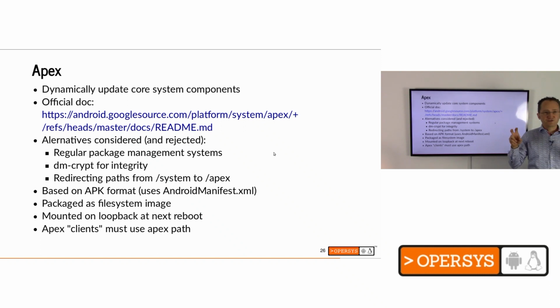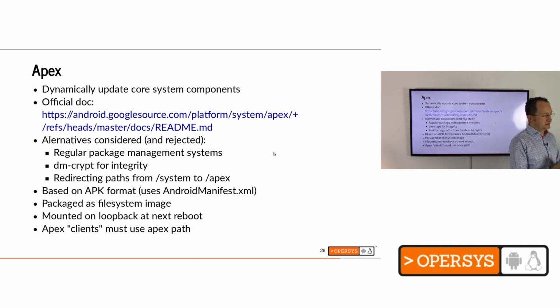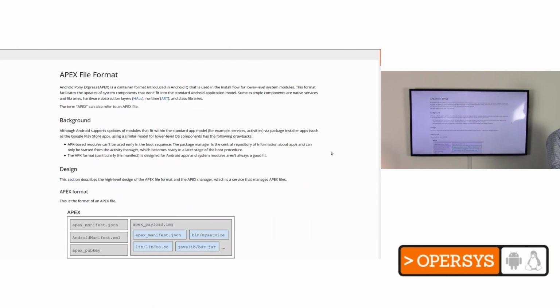The clients have to know that they're talking to Apex packages. Clients here mean consumers, at least that's the language used in the document. So whoever uses a part of an Apex package has to use the path directly under Apex. At least that's my understanding as it stands at this moment in time. It is based on an APK file, and that's going back all the way to the top of the file here.